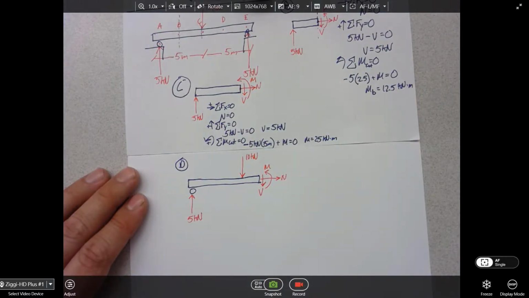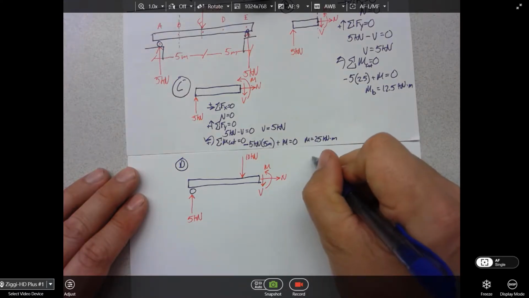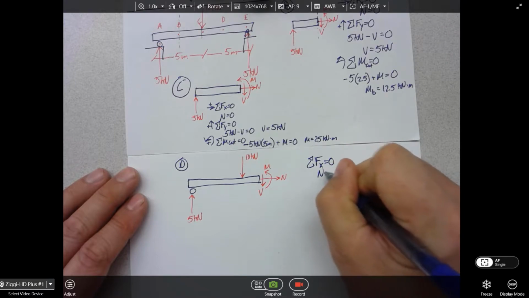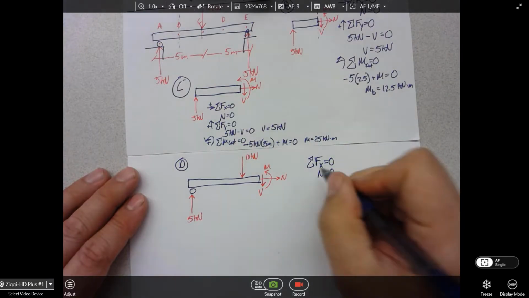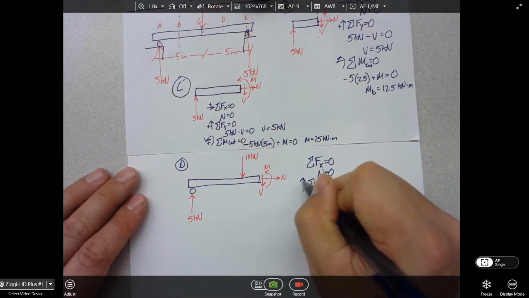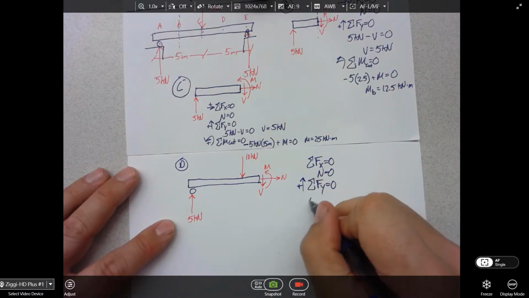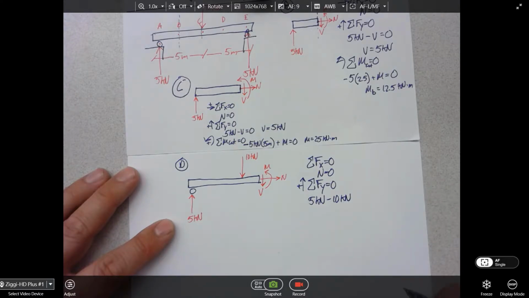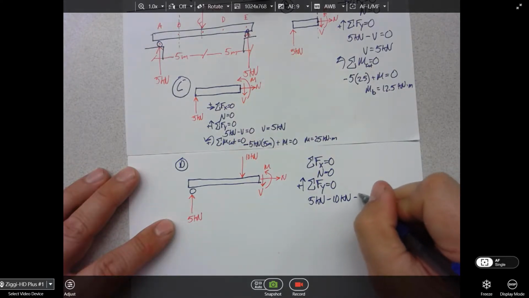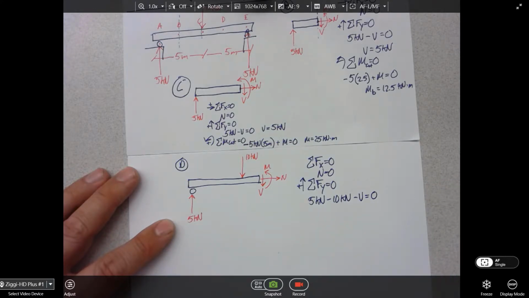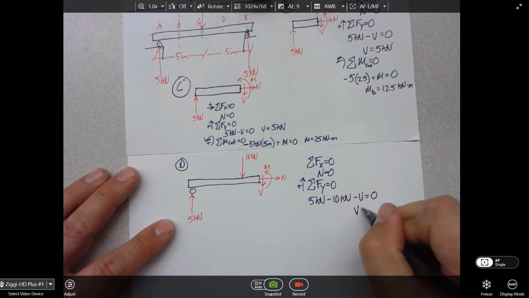Okay. So now, when I do my force summation, X is still boring in this particular beam. Sum of the forces in the Y, though, now I have 5 kilonewtons minus 10 kilonewtons minus V equals 0. V now equals what?